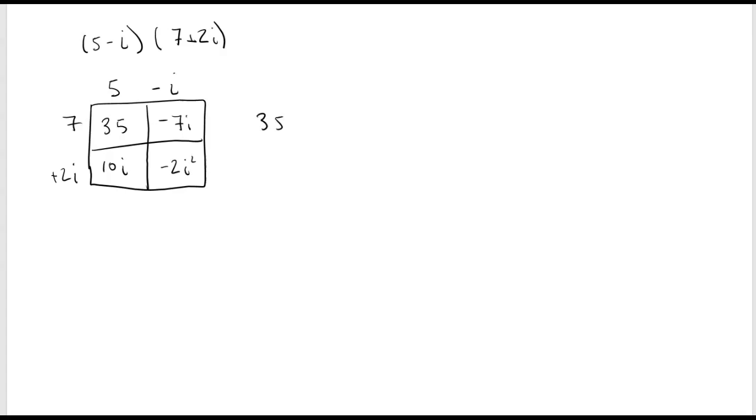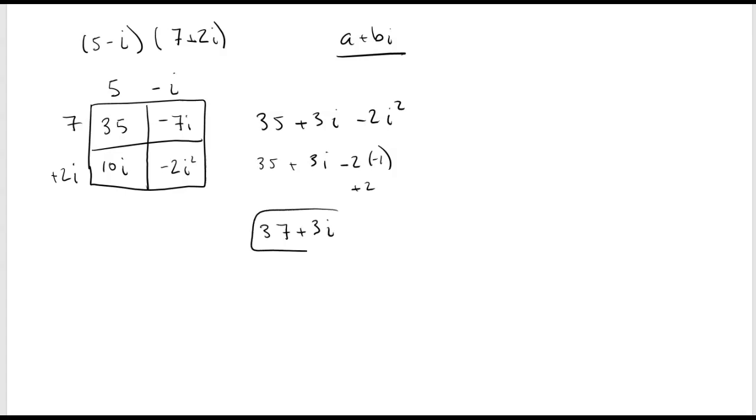So I'm going to get 35 plus 3i minus 2i squared. Again, it looks like a trinomial, but I always want to write it in my standard form. So I'm going to replace the i squared. So 35 plus 3i minus 2 times negative 1. That's going to give me a positive 2. I'll combine those values together. So 37 plus 3i.